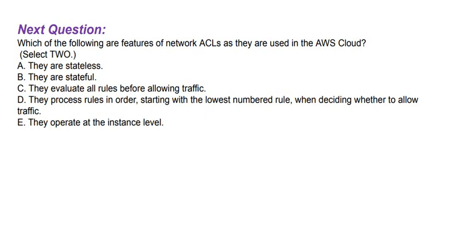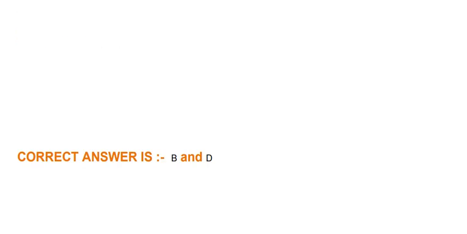Option D, they process rules in order starting with the lowest numbered rule when deciding whether to allow traffic. And option E, they operate at the instance level. The correct answer is option B and D.